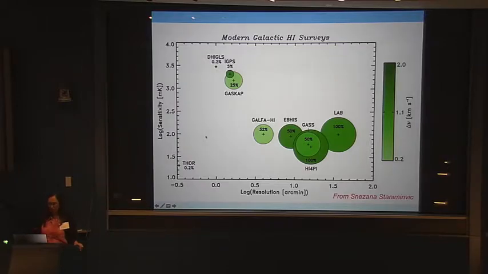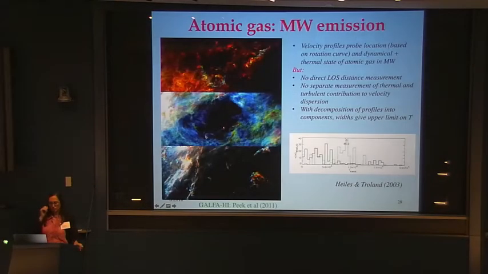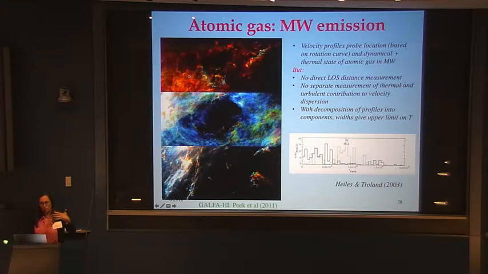These are all emission. So here is an idea of what it looks like when you make these high resolution maps of atomic gas from 21 centimeter. It's beautiful. What you're seeing is integrated in velocity, looking at different ranges in velocity space.